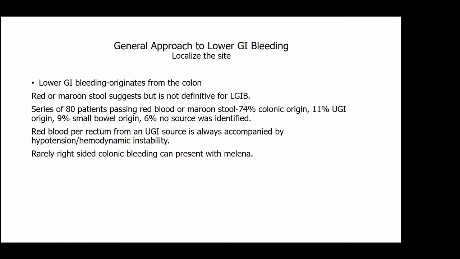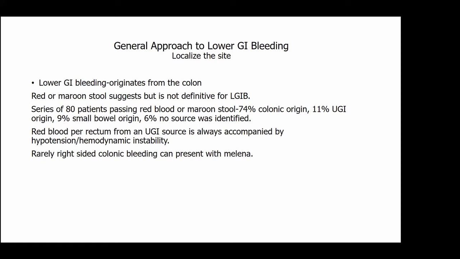A series of 80 patients was studied passing red blood or maroon stool. 74% were found to have a bleed of colonic origin, 11% had an upper GI origin, 9% had a small bowel origin, and in 6%, no source was identified. So most, but not all of them, were colonic bleeds.